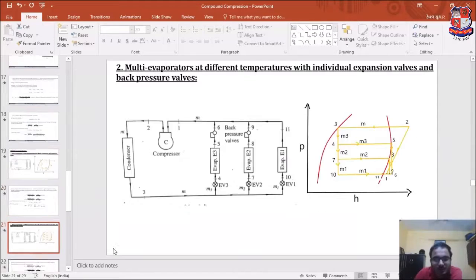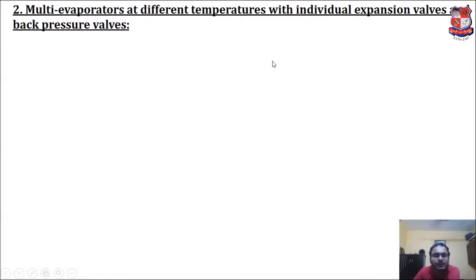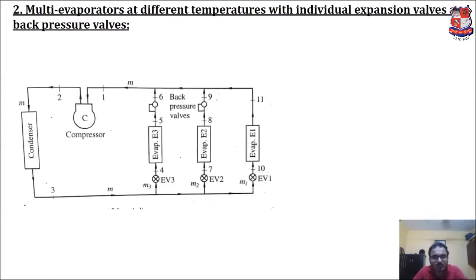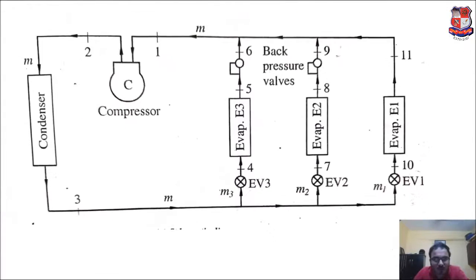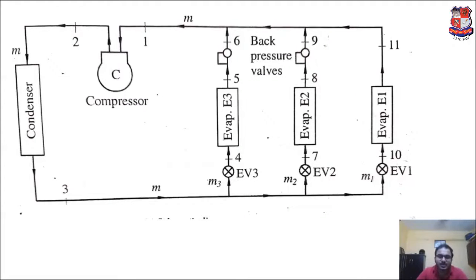expansion device. Now we are moving towards our new theory in which we are having multiple evaporators at different temperatures with individual expansion valves and back pressure valves. So here the only difference in this case is now we are having individual expansion valves as well as there is a back pressure valve present for two evaporators.